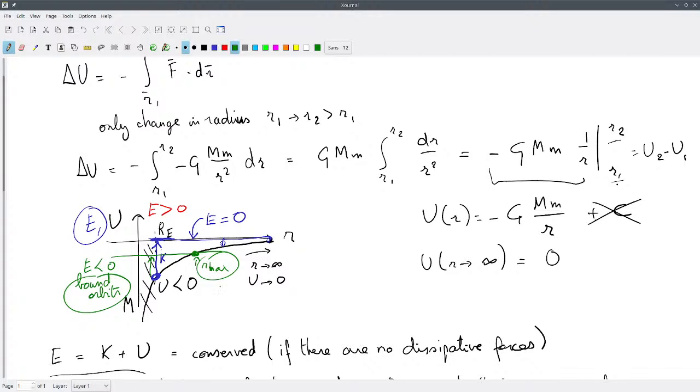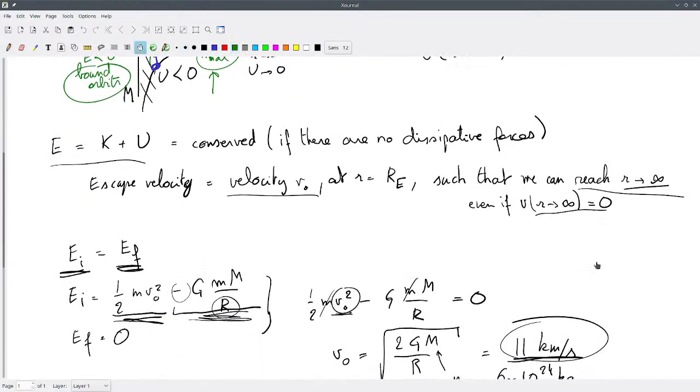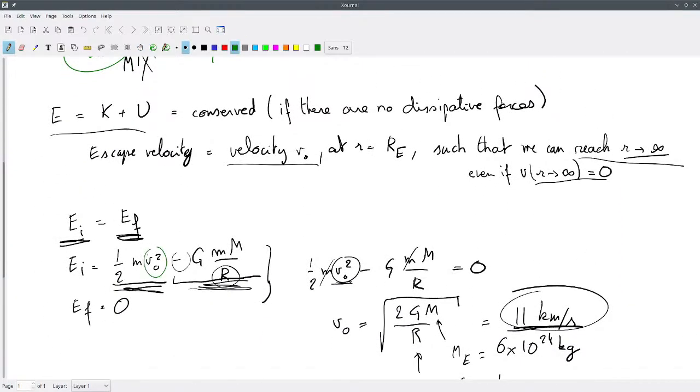For those bound orbits, you can calculate this R max from the potential energy expression. So instead of solving for V0, you would be given, for example, the initial energy or the total energy, and you're trying to calculate R max, where the velocity will be 0 at that point.